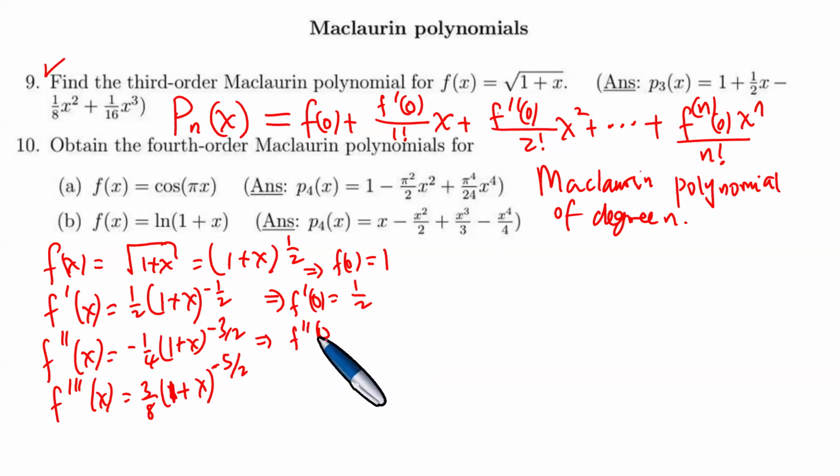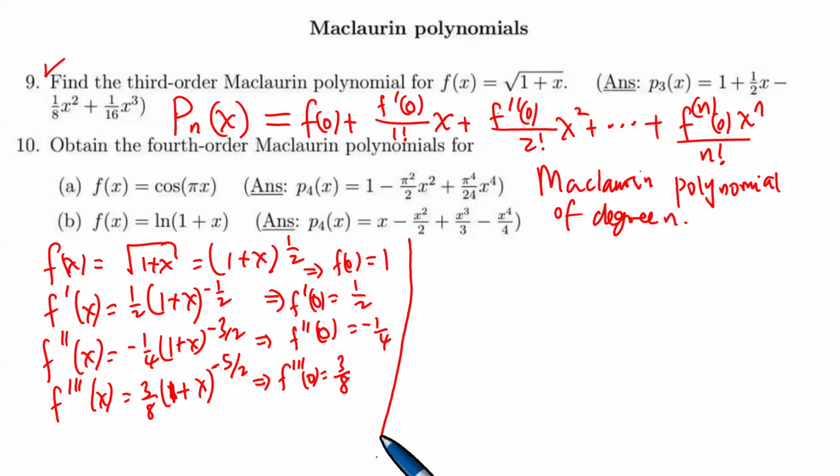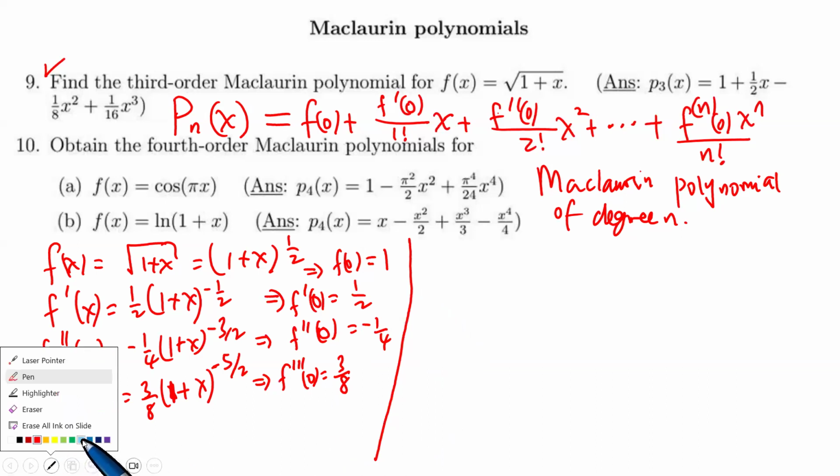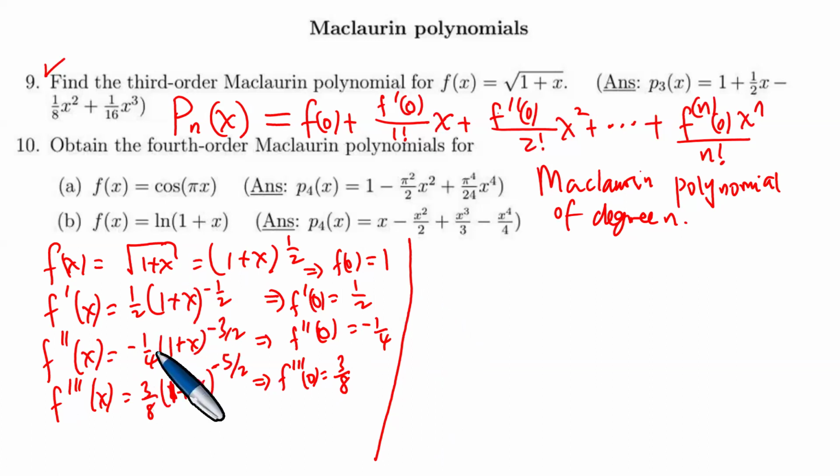F double prime of 0, if x is 0, is going to be minus 1/4. F triple prime of 0 is 3 out of 8. This is everything we need.